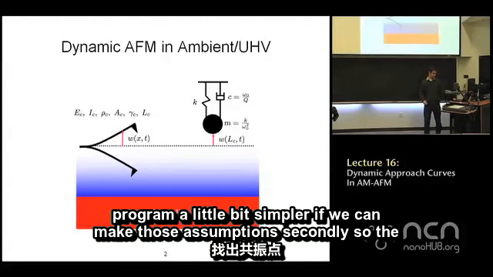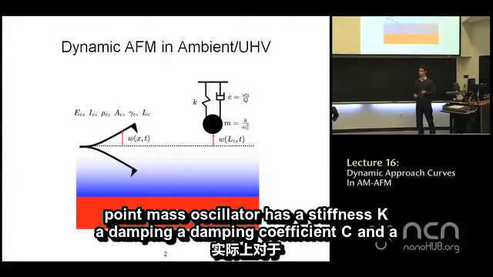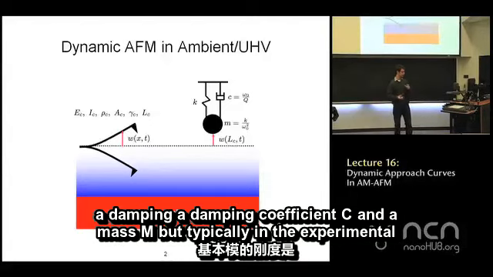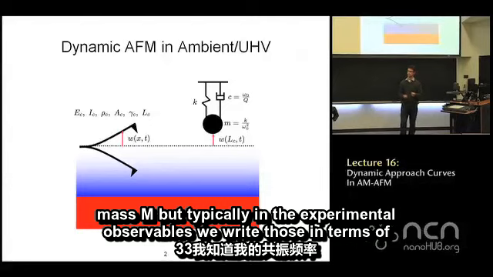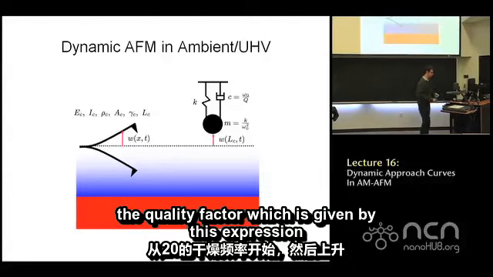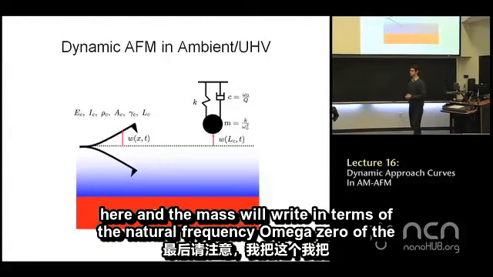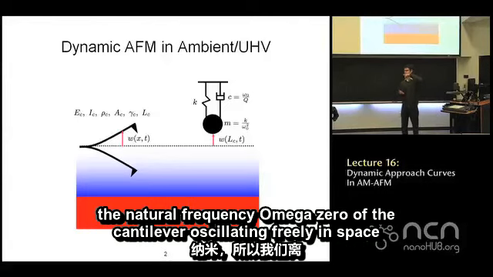Secondly, the point mass oscillator has a stiffness K, a damping coefficient C, and a mass M. But typically in the experimental observables, we write those in terms of the quality factor, which is given by this expression here, and the mass we'll write in terms of the natural frequency, omega 0, of the cantilever oscillating freely in space.